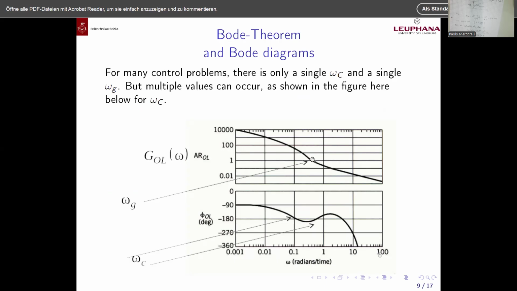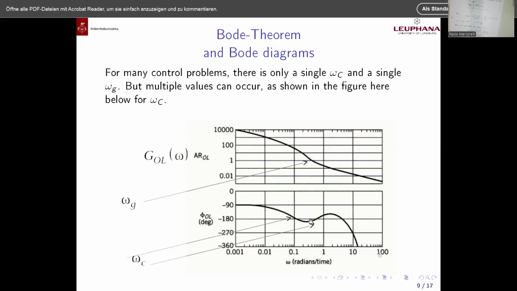The theorem is extremely strong. I will comment on the theorem using this scheme here. The theorem says that if this critical frequency, omega g, sometimes called the crossover frequency, at this crossover frequency, which is the frequency at which the amplitude of GOL equals 1, the phase margin is 0 or less than 0, we have a system which is unstable.